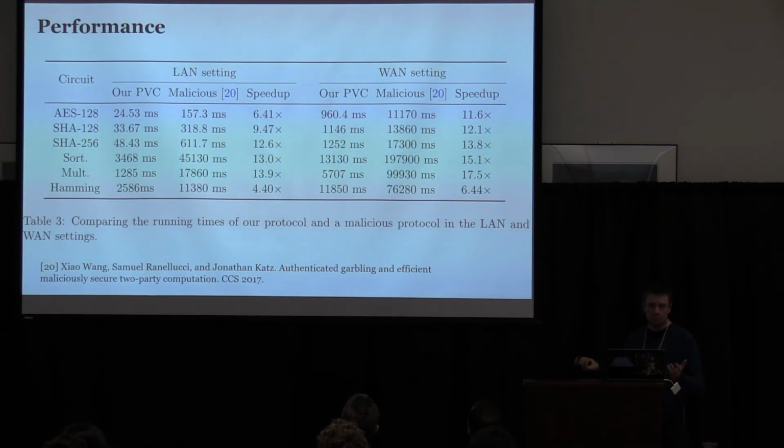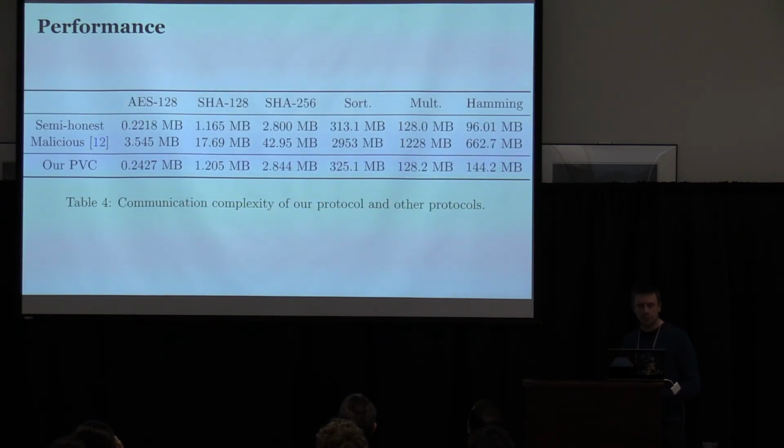Compared to malicious, we're between 6 and 17 times performance improvement, while achieving a slightly smaller goal, but I would argue a very, very similar security guarantee. The communication is almost identical to semi-honest, maybe a couple of percent greater.